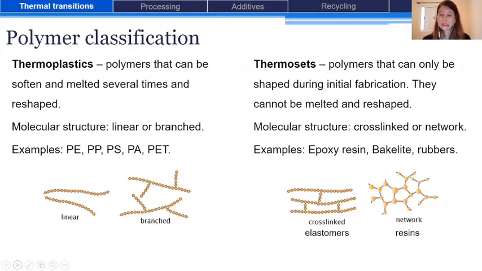Once these cross-linking points are formed, since we cannot melt and reshape the polymer, it is much more complicated to recycle thermosets. Some examples of thermosets, as we said, are epoxy resin, bakelite, and the majority of rubbers.